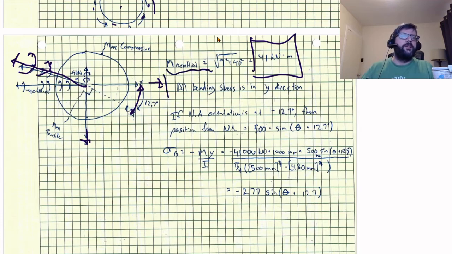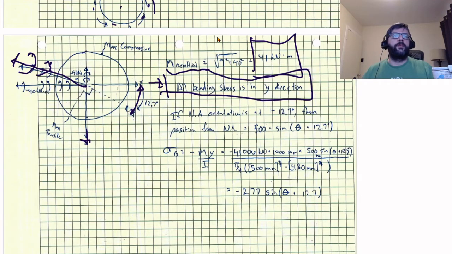So that'll induce bending stress in the y direction. The maximum compressive will be there, and the maximum tensile will be there. If the neutral axis is located there, then the position from the neutral axis to any point, based upon the angle, has a maximum of 500.